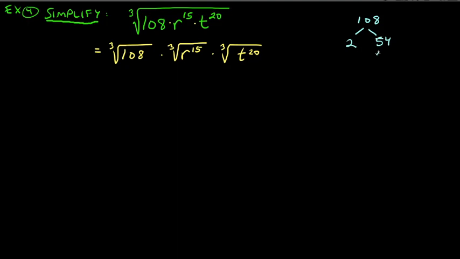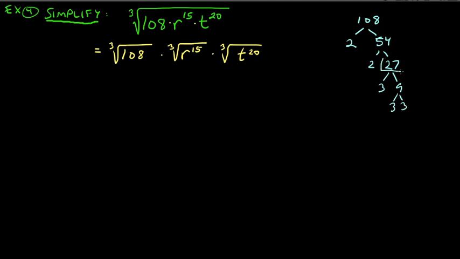So the 2 is prime, and 54 is 2 times 27. I was thinking of something else. 2 times 27. 2 is prime. Now we can't divide by 2 anymore, but we can divide by 3, right? And we get 3 times 9 is 27. And 3 times 3 is 9.